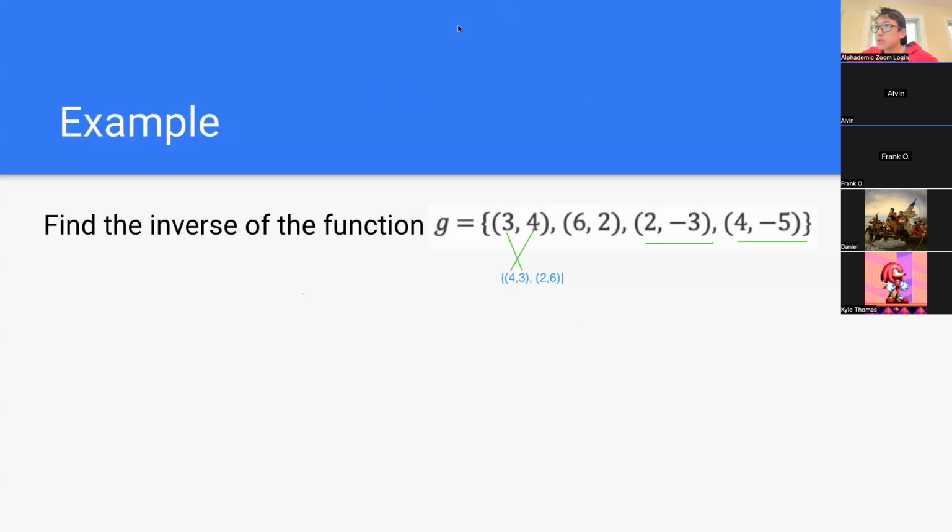All right, nice job. Yes, for the first one, it would be -3, 2. And for the second one, it would be -5, 4. All right, here we go.